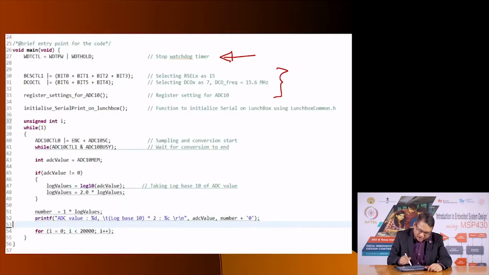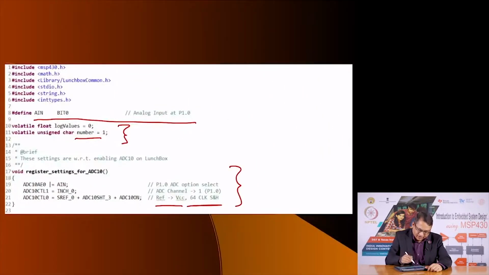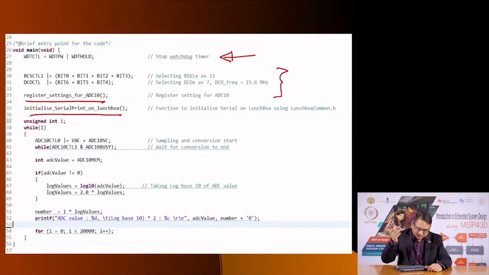Then we are calling this subroutine, as we saw, to set the various values for the ADC. Then we initialize the serial printer, and this function is defined in our lunchbox common.h file, as you may recall from a previous exercise. And then we enter this infinite loop, while 1, where we start the conversion and read the value from this memory location.